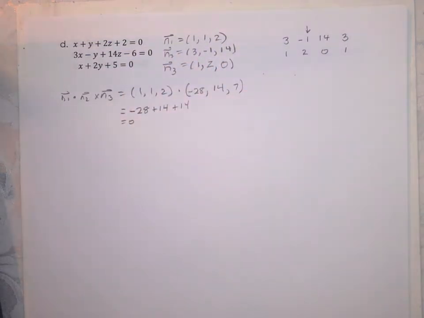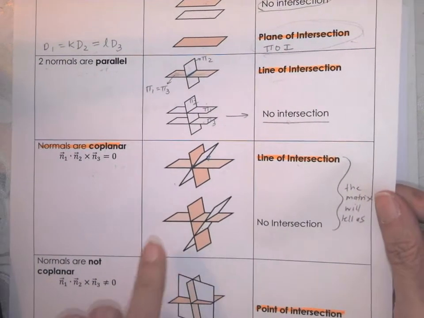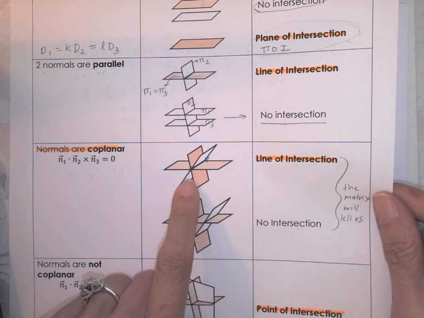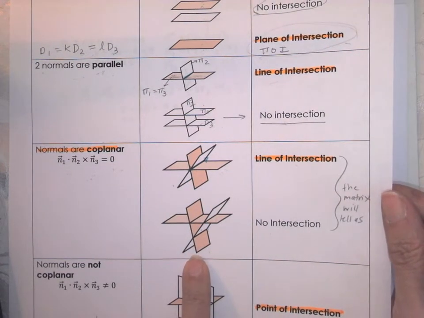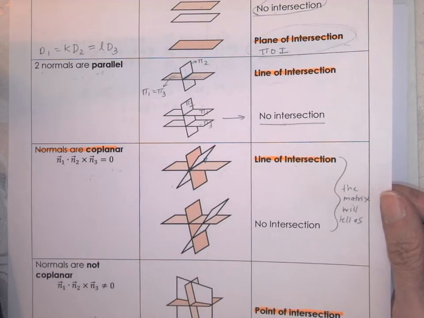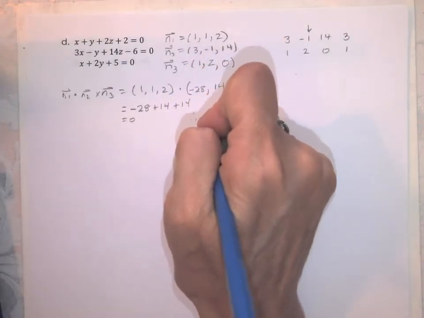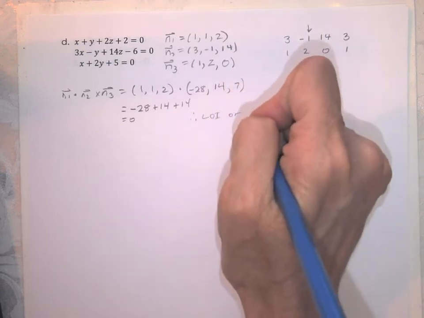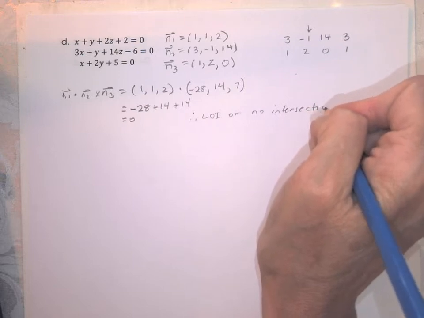So that means if I look at my sheet here and the normals are coplanar, it's either going to be this line of intersection, this star arrangement, or the triangle with no intersection. And we have to use a matrix to tell which one it is. So therefore, LOI, or no intersection.